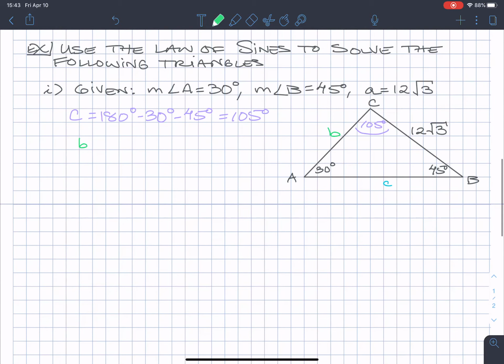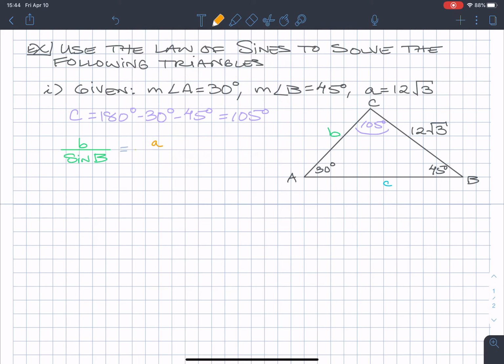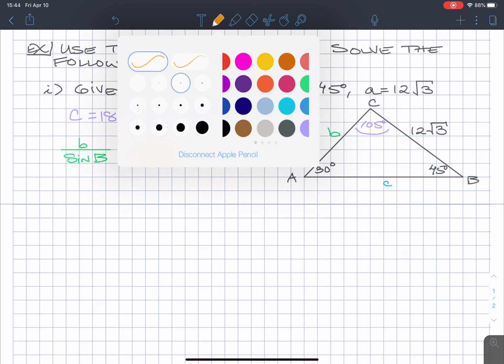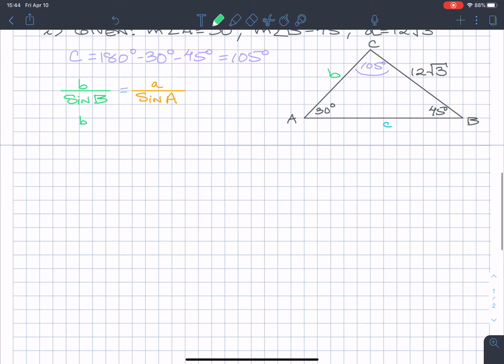I know that little side B divided by sine of angle B, I can set that equal to little side A divided by sine of angle A. So little side B divided by sine of angle B, the opposite angle is 45, so sine of 45 degrees.